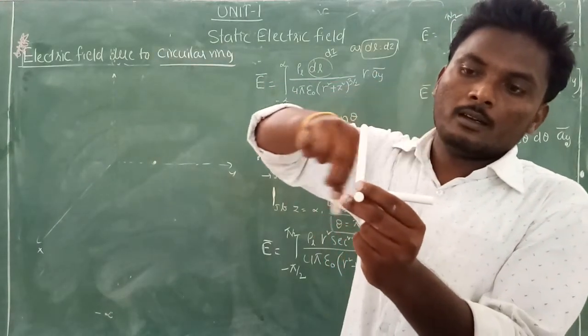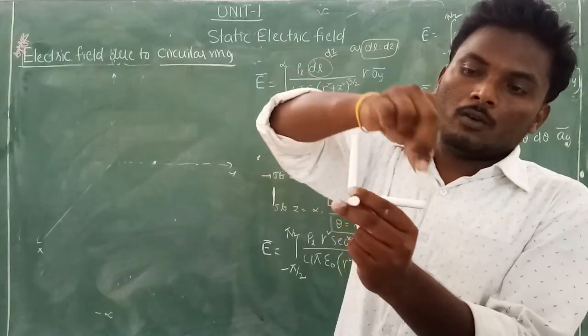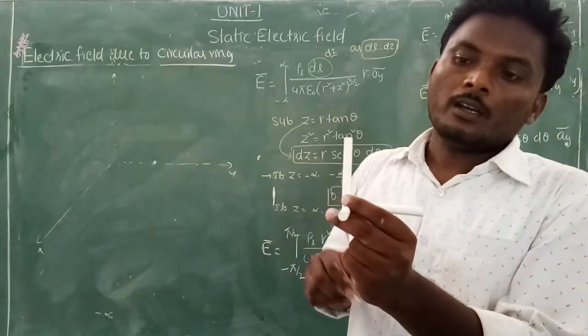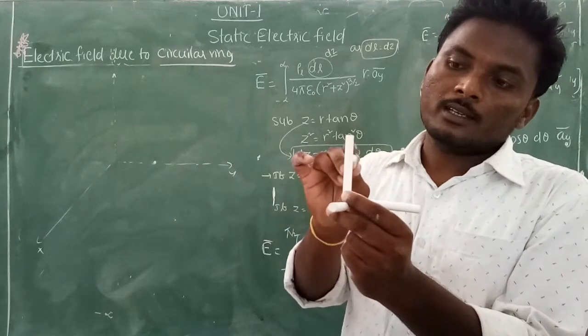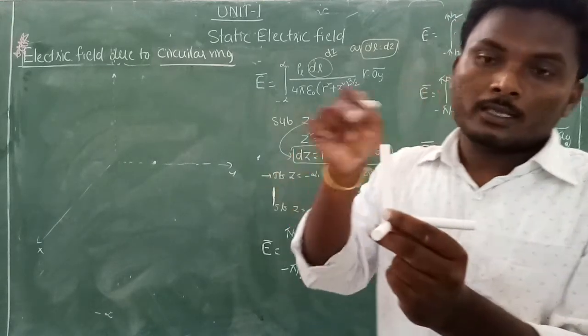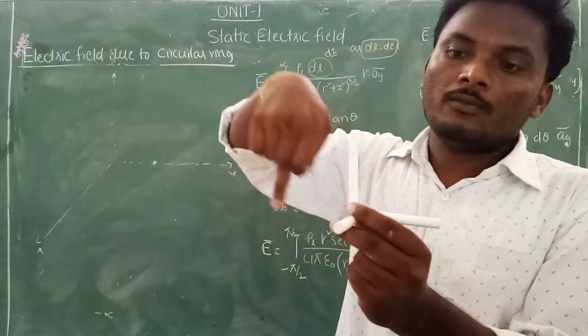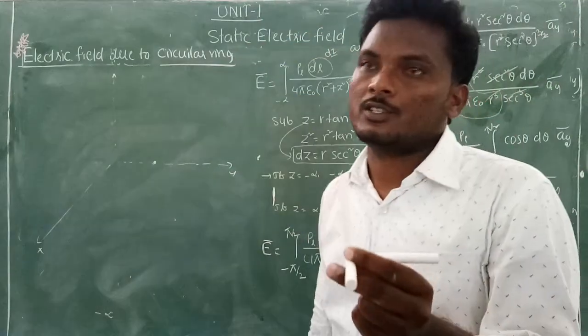Okay, this is the conductor, circular conductor or circular ring. Now on this ring a charge is uniformly distributed along its line. Now you need to calculate the electric field intensity on the z axis and place your circular ring in such a way that the center of the circular ring should be at the origin of this Cartesian coordinate system.